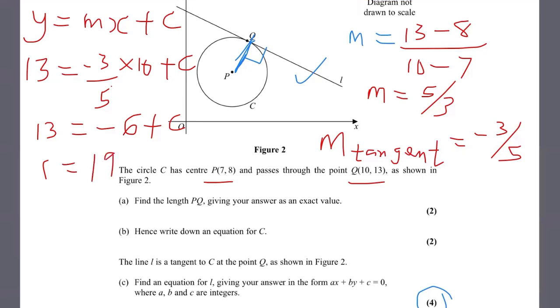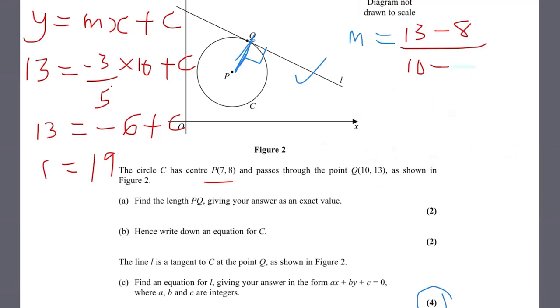Once c is 19, we have our equation as what? We would have y equals -3/5 x plus 19.